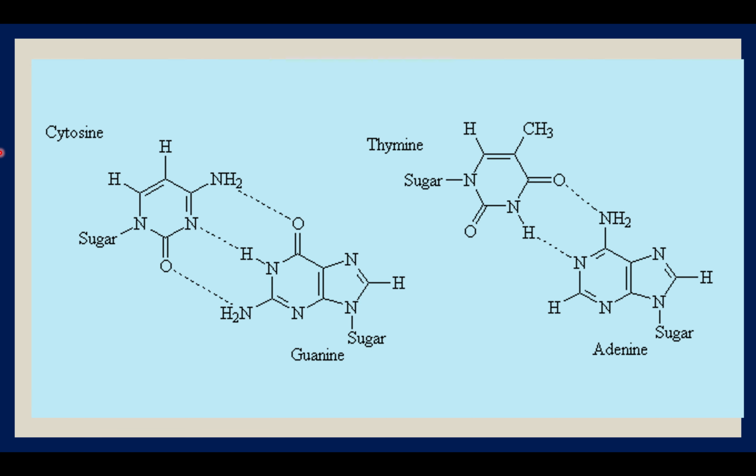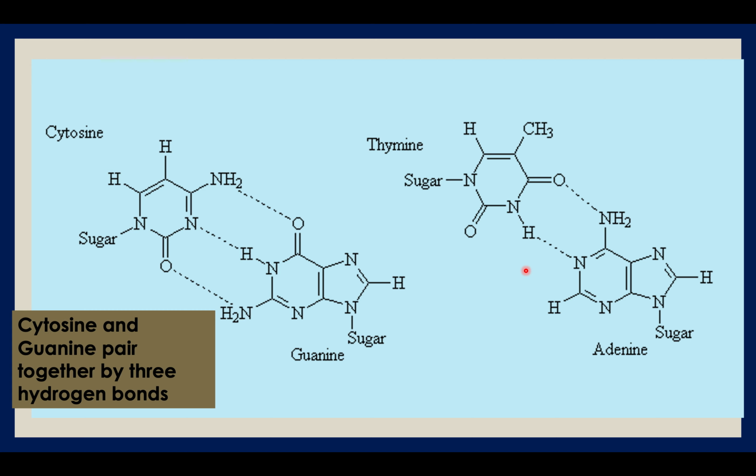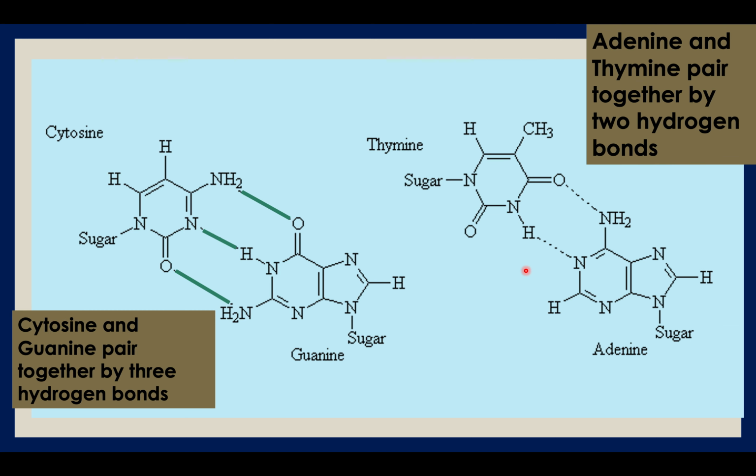This pair makes 3 hydrogen bonds. The other possible pairing is adenine, the purine, and thymine, the pyrimidine, and this one makes only 2 hydrogen bonds. These hydrogen bonds are what provide the stability to the DNA double helix.